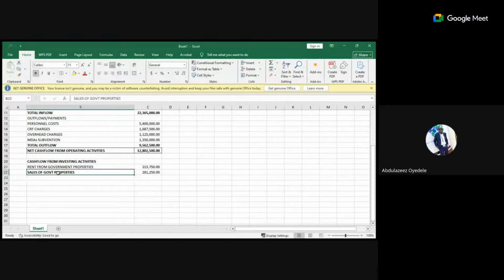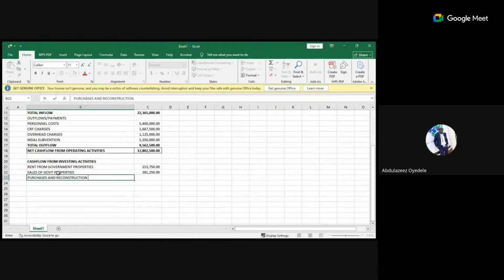All right, the next item on our list, loans repayment, that we said is a financing activity. So we have purchases and reconstruction of non-current assets. So this is an investing activity. That is, they bought some non-current assets or reconstructed some non-current assets, and that is investing in non-current assets.